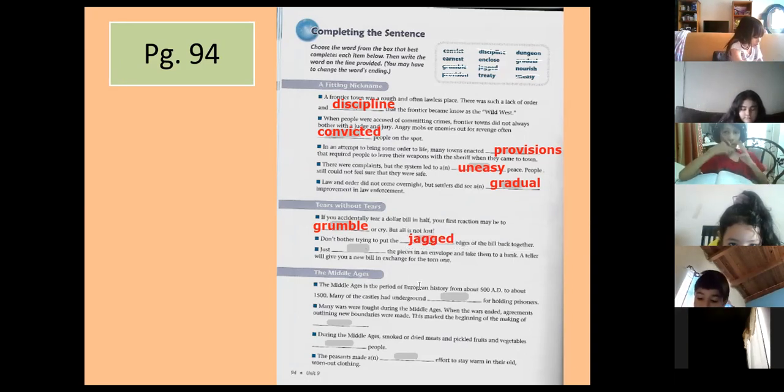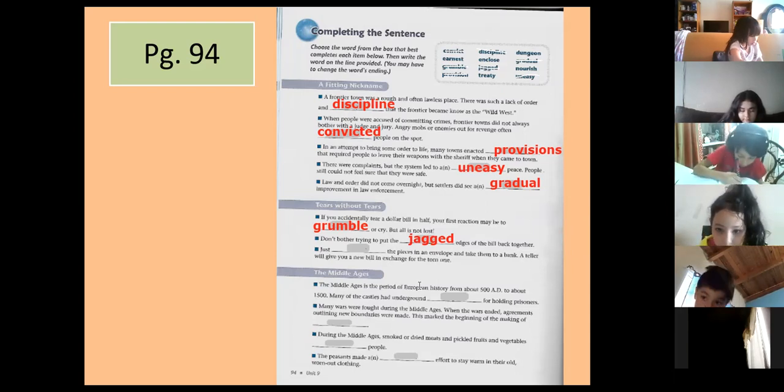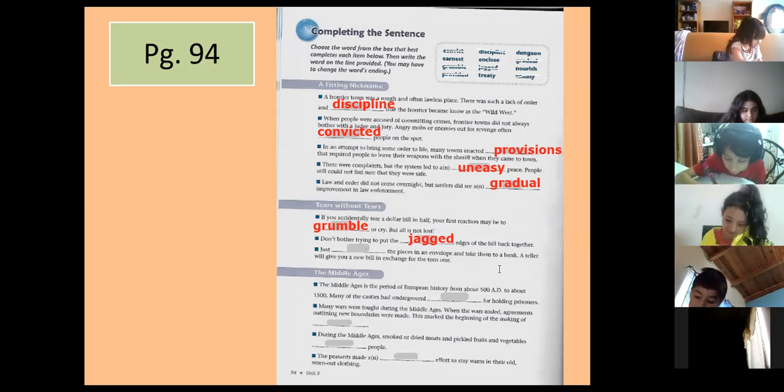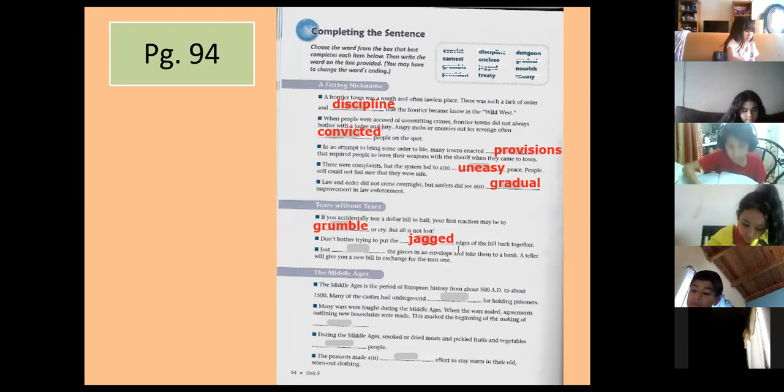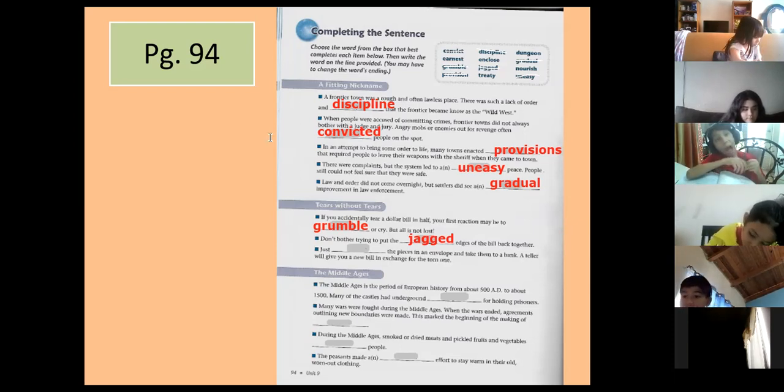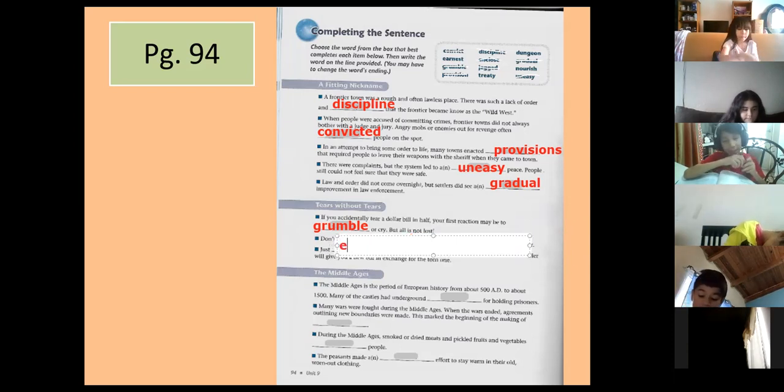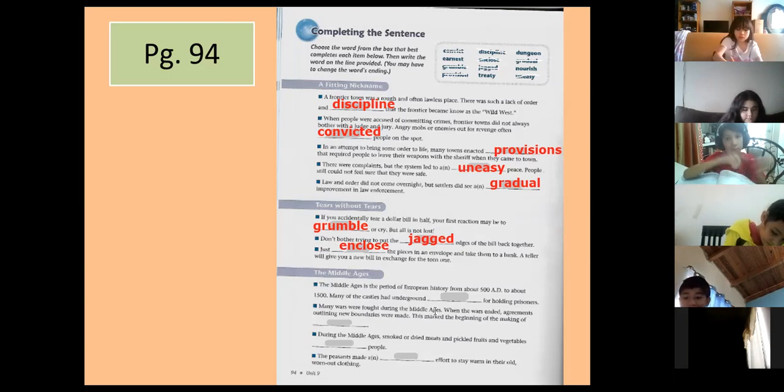And just enclose the pieces in an envelope and take them to a bank. A teller will give you a new bill in exchange for the torn one. If you're going to put it like in a box, you're going to put it what? Close. Enclose, that's right. You're going to enclose it. So you put together all the pieces. So just enclose the pieces in an envelope.